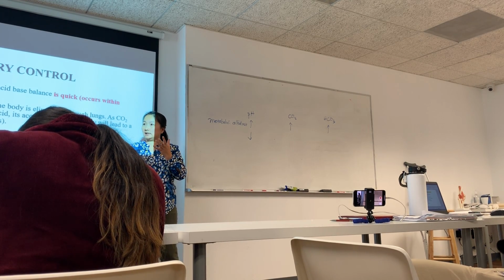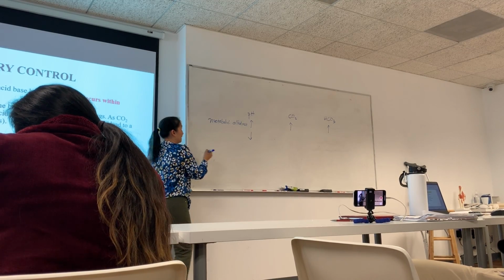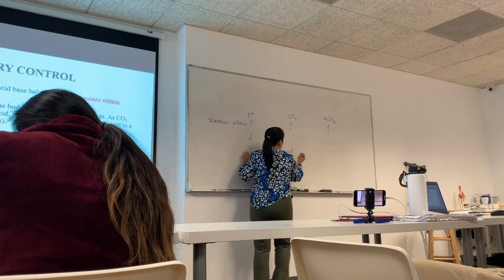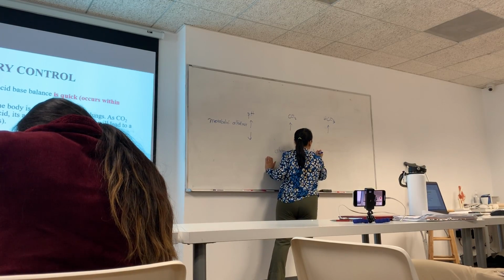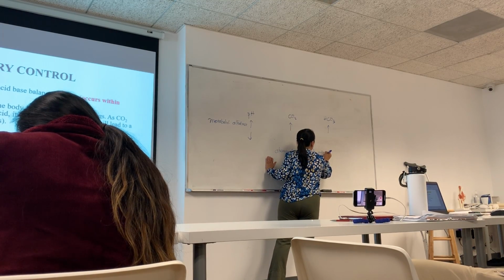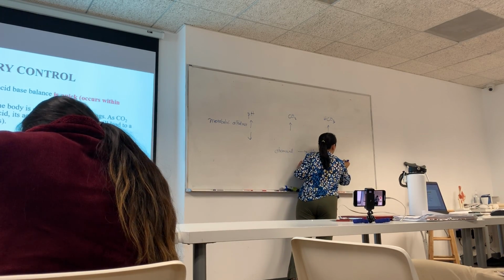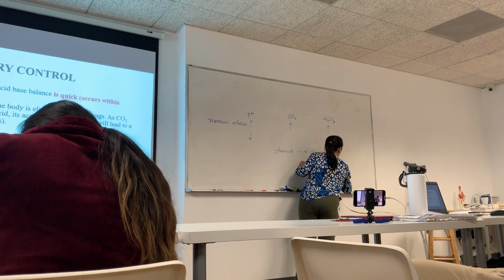Remember we were talking about the buffer system? Buffer system, what happens first? The chemical buffer kicks in, then the physiologic buffer. The physiologic buffer starts out with the lung kicking in, and then the renal system kicks in.